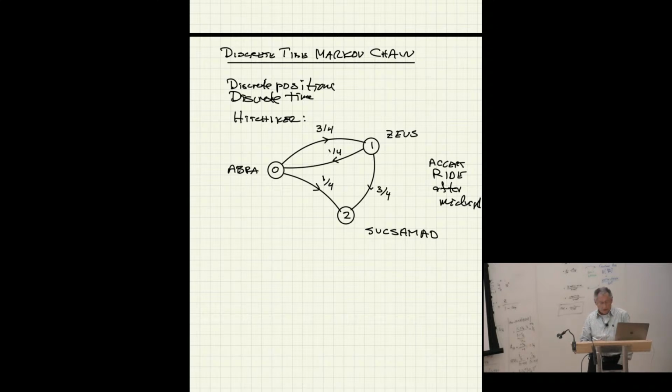Now, when he gets to Suksamad, things are going to happen. He could end up with a ride going to Abra. He could end up with a ride going back to Zeus. Or he can get stuck with some guy who goes out of town and comes right back in. And let's put some numbers on that. To go from 2 to 0, we'll say is probability 1/4. From 2 to 1 is going to be probability 1/4.